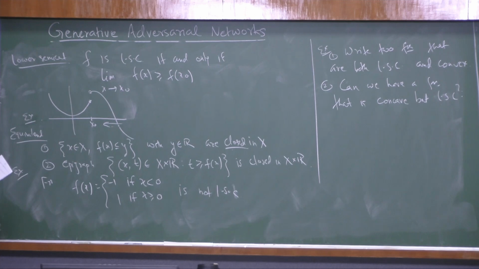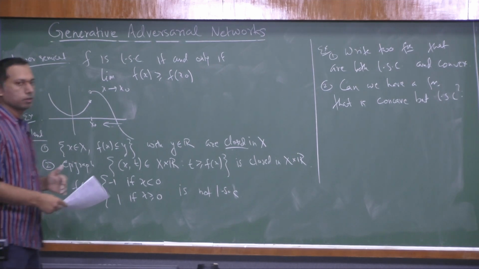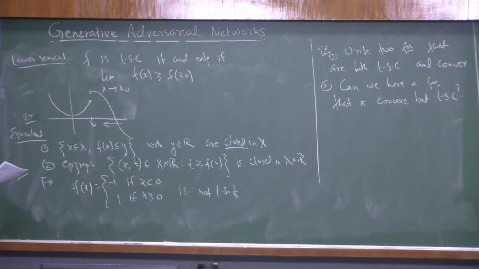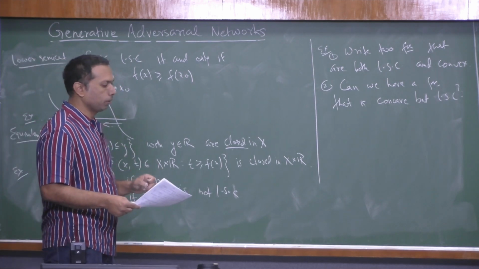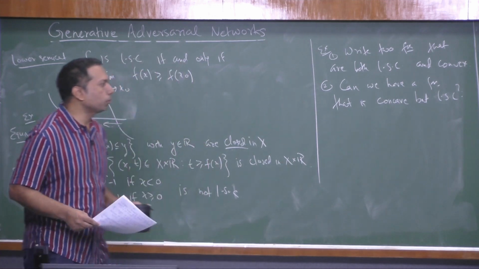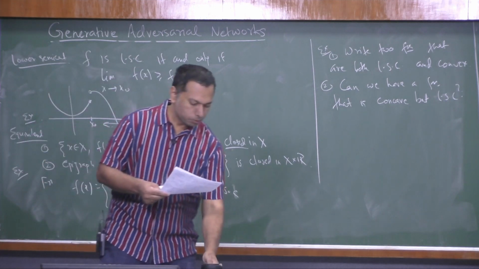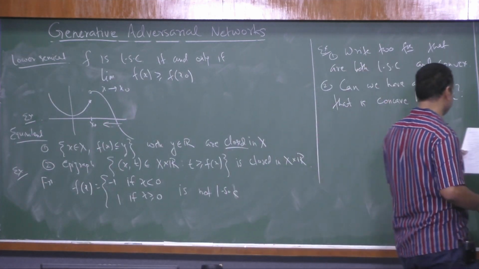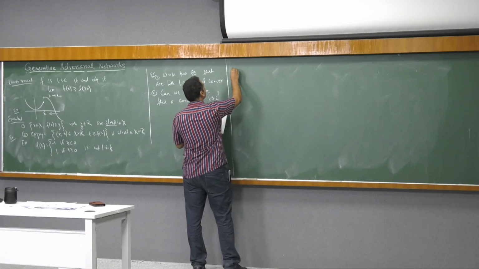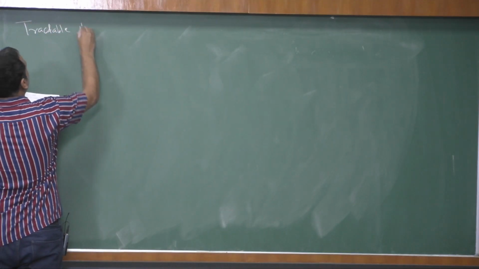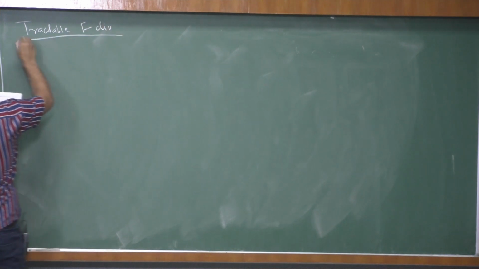Now, the next set of ideas is: can we have a tractable variant of f-divergence? What I said is that the integrand in the f-divergence is not easy to calculate in practice. So we will go to a variational approach where we will make it tractable, again using key ideas from convex analysis. Tractable f-divergence.